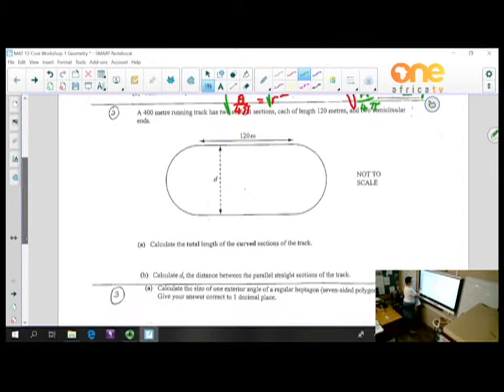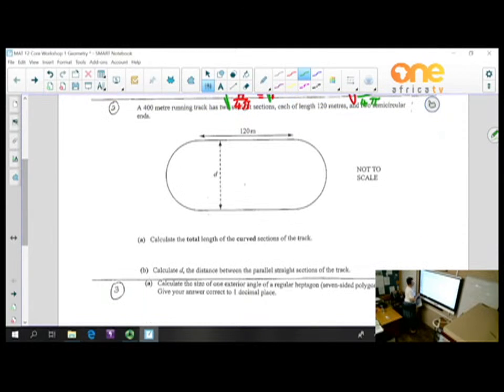Right, question 2. There's a running track with 2 straight sections each of length 120, and then 2 circular ends. Now, the first one is calculate the total length of the curved sections of the track. It is a 400-meter track, so then it's 400 minus twice 120.